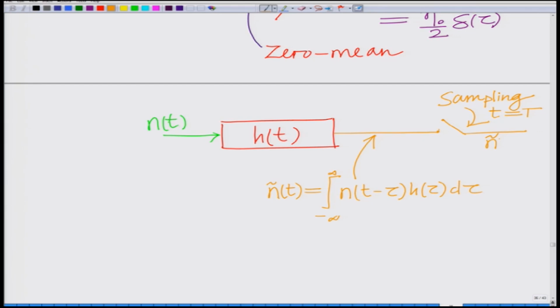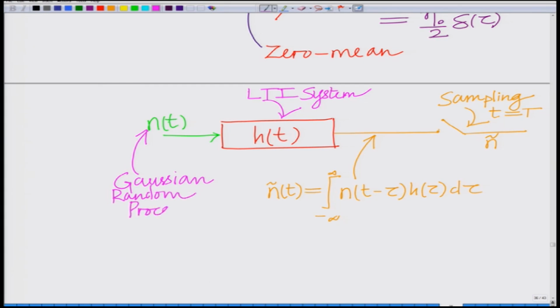Now, the first thing that you have to realize is that we have said the input noise process is Gaussian. This is an LTI system, that is a linear time invariant system, so it performs a linear operation. When I say Gaussian, it automatically implies that the noise is a Gaussian random process.